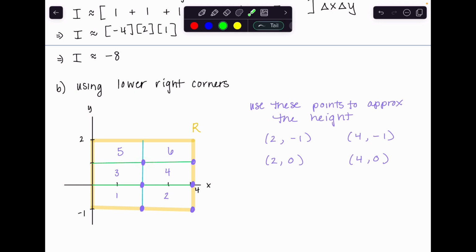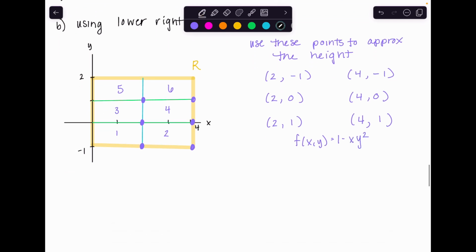This one is going to be (2, 1). And then you can see our last one is the point (4, 1). And I'm going to plug all of these into the function to get the z value for our approximating height.